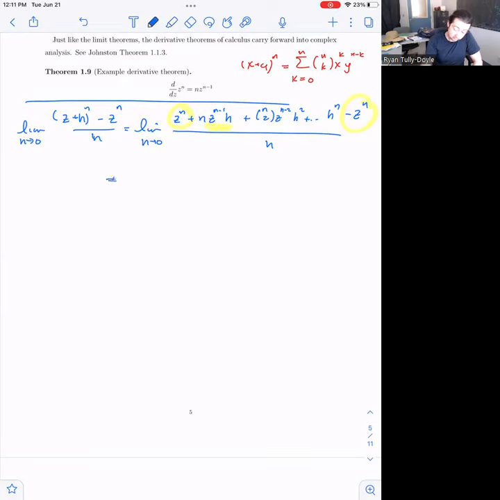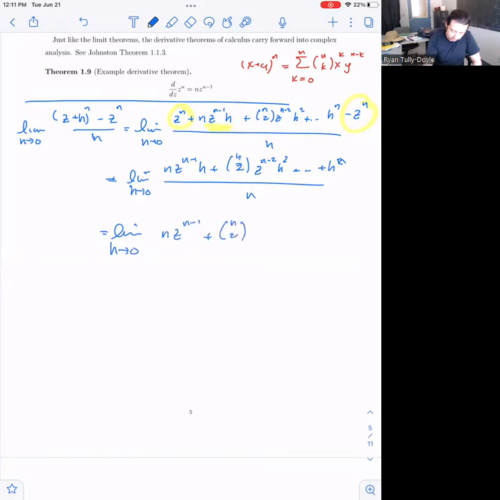So this is equal to the limit as h goes to 0 of n z to the n minus 1 h plus n choose 2 z to the n minus 2 h squared out to h to the n, all divided by h, which is the limit as h goes to 0 of n z to the n minus 1 plus n choose 2 z to the n minus 2 h out to h to the n minus 1.